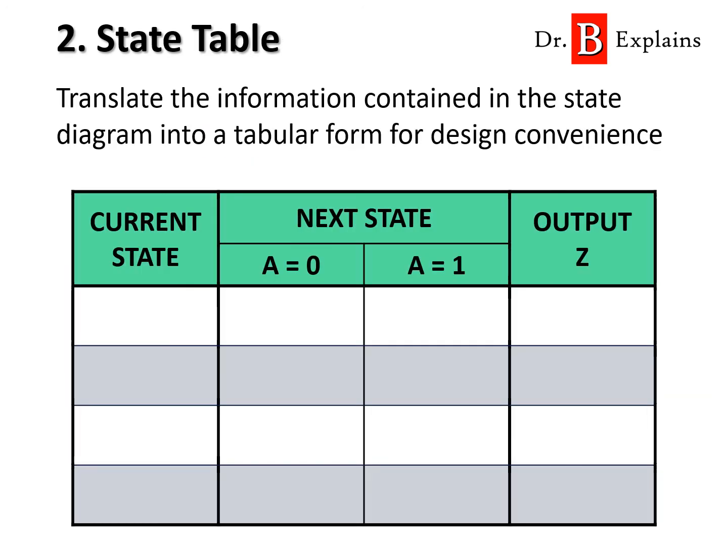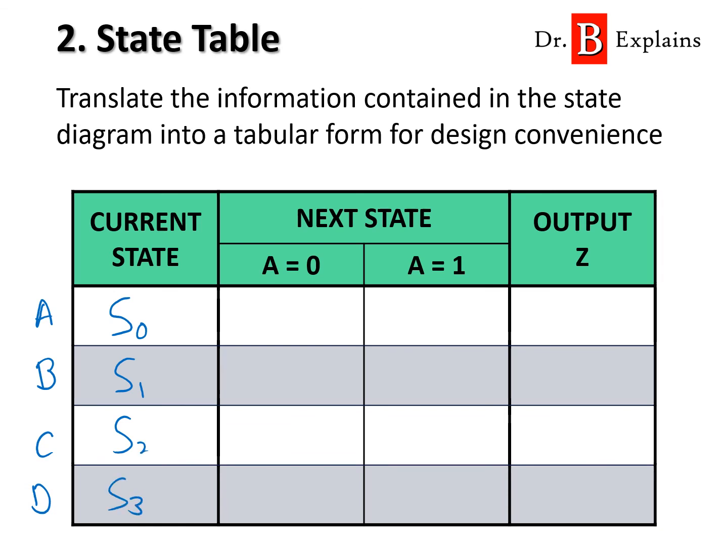Now, step 2 is simple. We have to put the information that we have in our state diagram in the format of a table. So we're going to have our current state, and I'm going to change the name. So I had said A, B, C, and D, right? So I'm going to call them now state 0, state 1, state 2, and state 3.